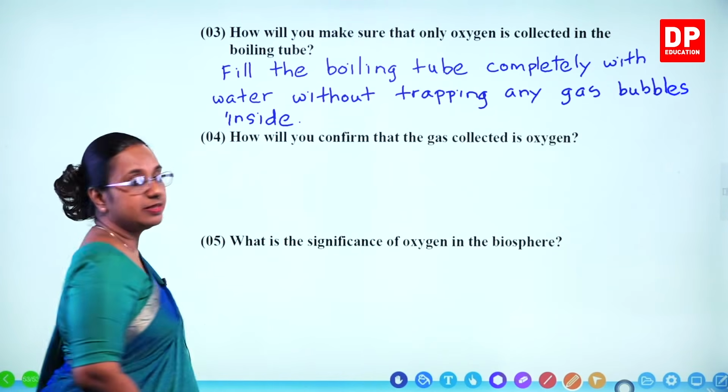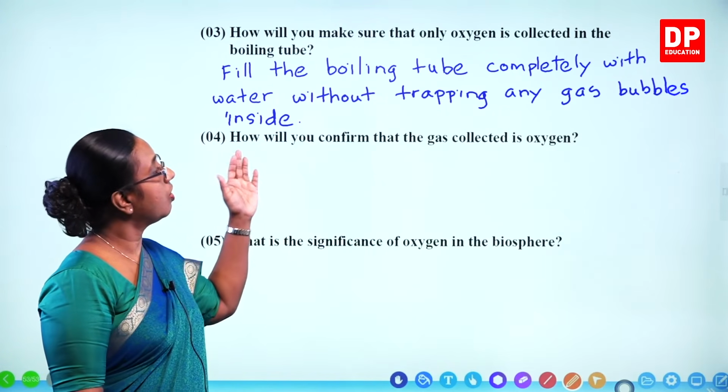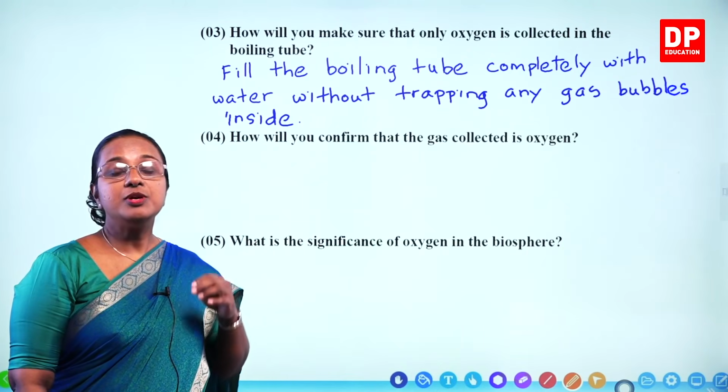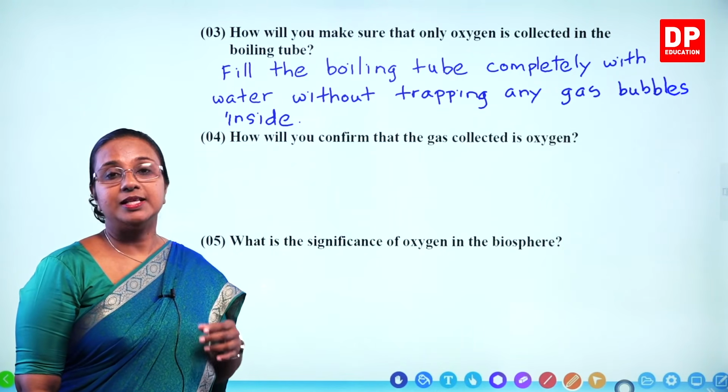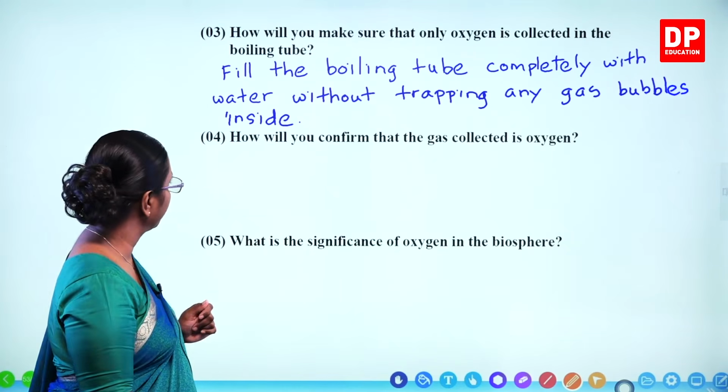So by doing this, we can make sure that there is no air or gas within the test tube, but only the gas that is evolved by the plant will be collected within the boiling tube.